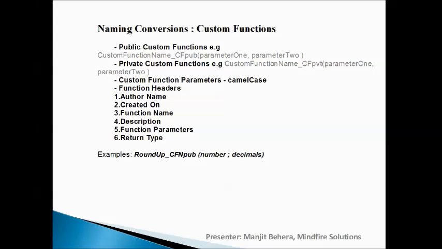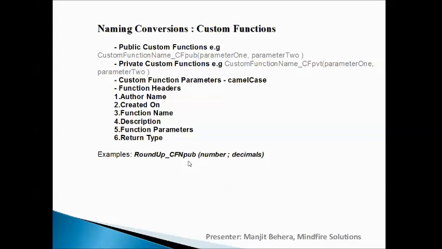The third is the function name. The fourth is the description. The fifth is the function parameters invoked by this custom function. The sixth is the return type.